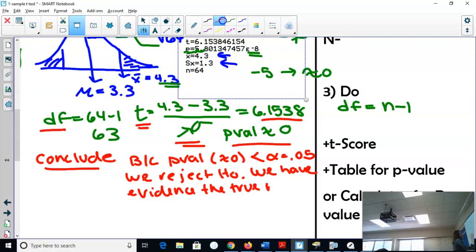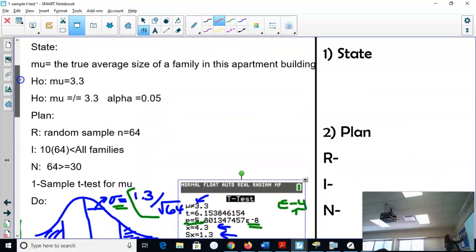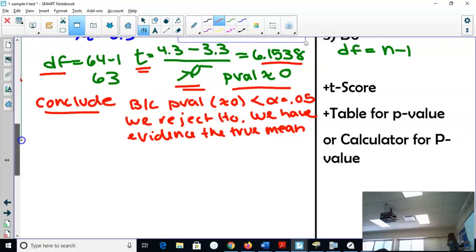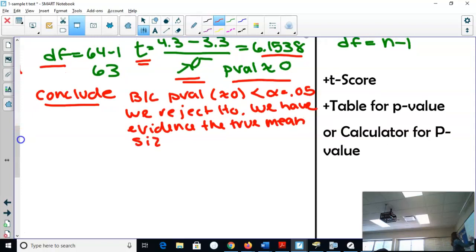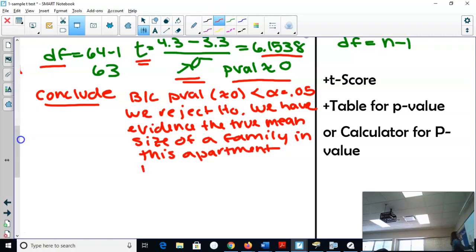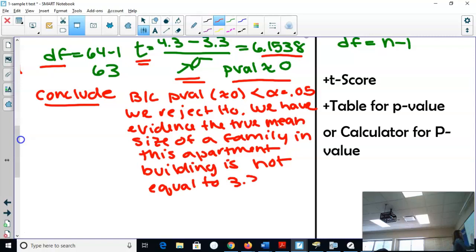The true mean, what is our context again? Let's look. Size of a family in this apartment building is not equal to 3.3.